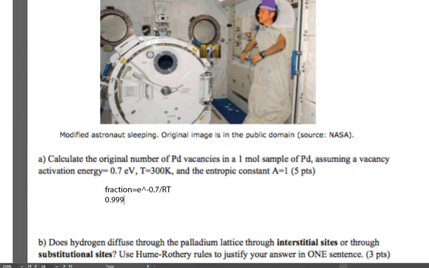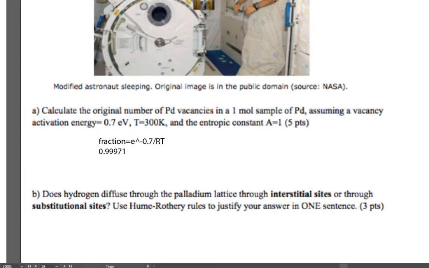That's a lot of vacancies, a very big amount of vacancies. That fraction is pretty near 1. So I think I might have done something wrong.